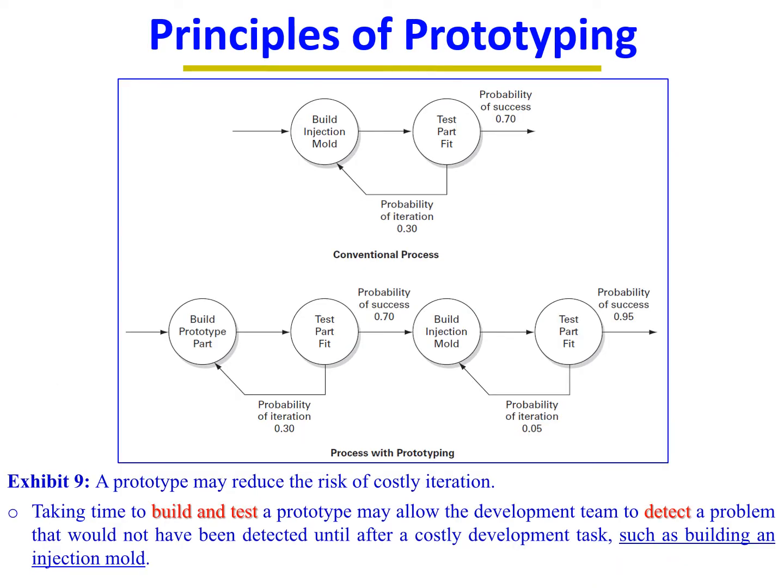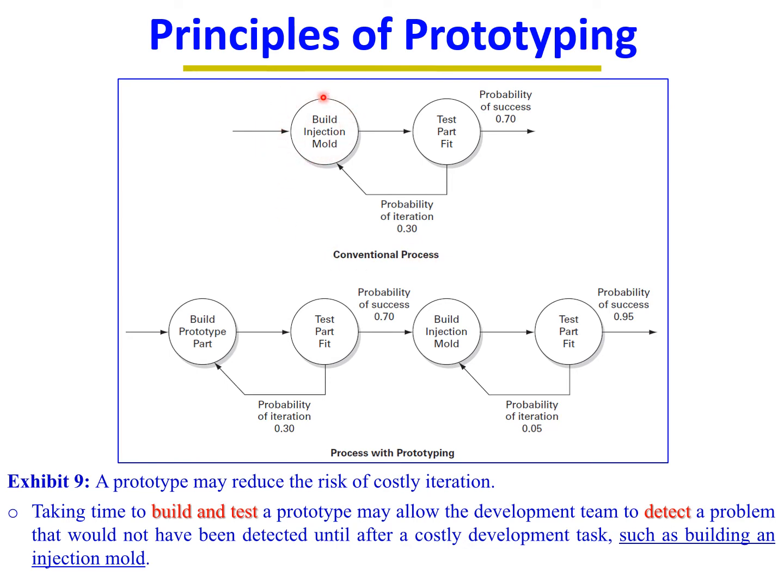So here in this exhibit, a prototype may reduce the risk of costly iteration. Taking time to build and test a prototype may allow the development team to detect a problem that would not have been detected until after a costly development task, such as building an injection mold and so on. So process with prototyping and conventional process. Build the injection mold.